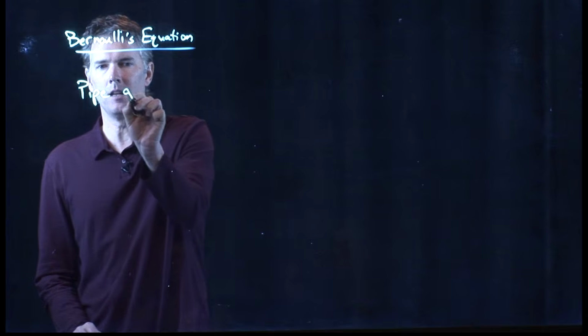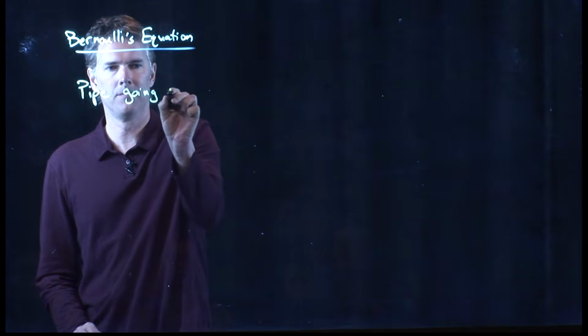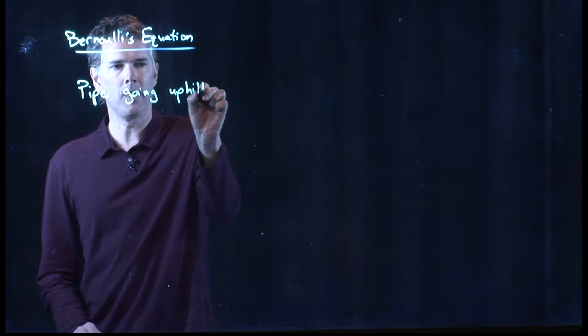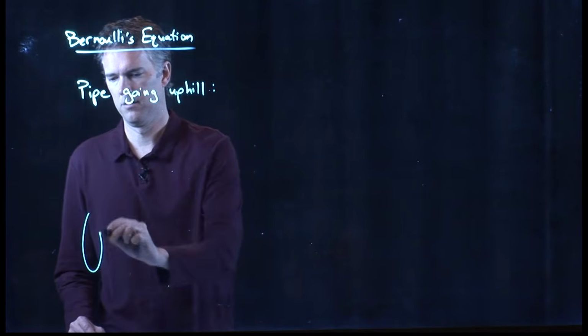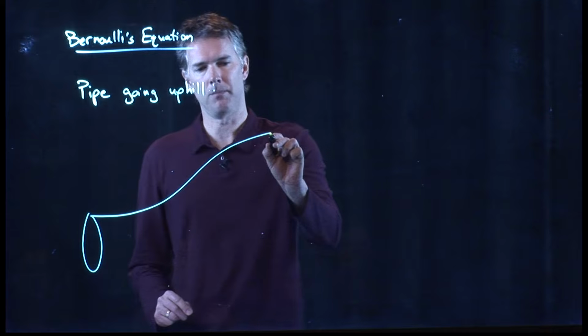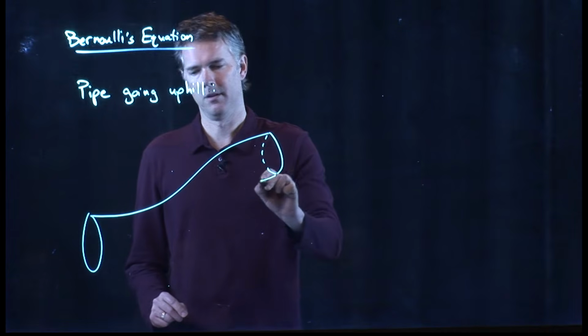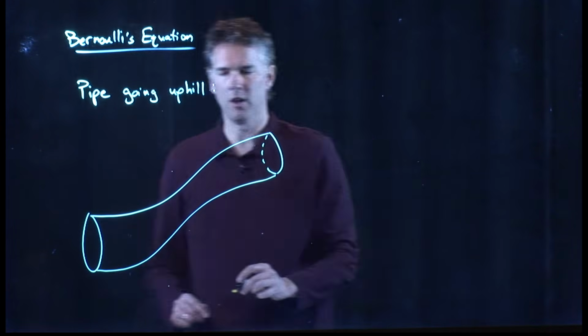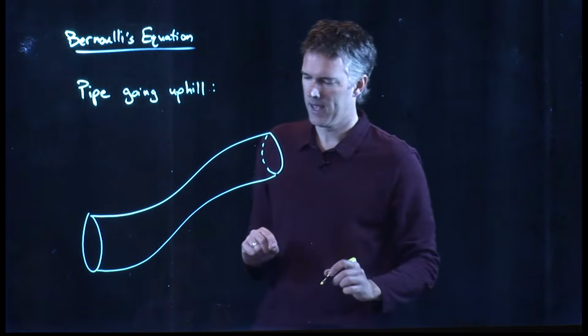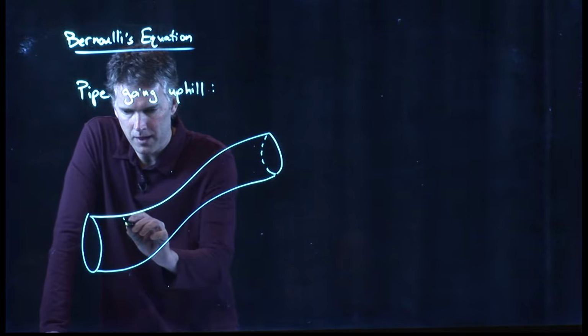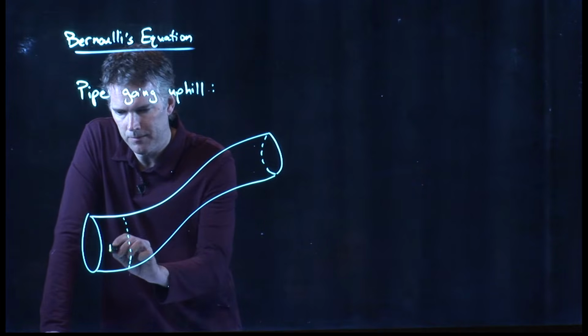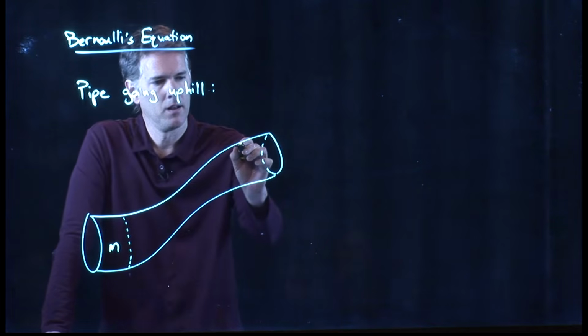To do that, let's go back to our pipe and let's flow that fluid uphill. So here's our pipe. We're going to flow the fluid up this hill, and let's write down some parameters for this pipe. We said that there's a mass of water, m.